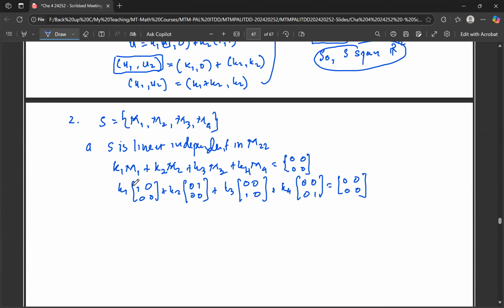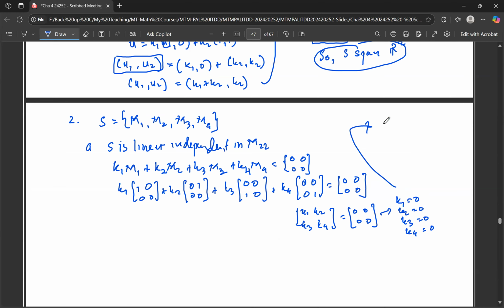With scalar multiplication of these vectors, we get k1, k2, k3, k4 equal to 0, 0, 0, 0. You can prove it in detail by yourself. Then automatically k1 is 0, k2 is 0, k3 also, and k4 also 0.